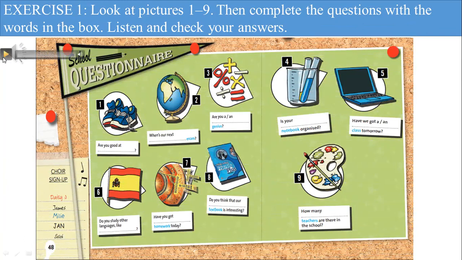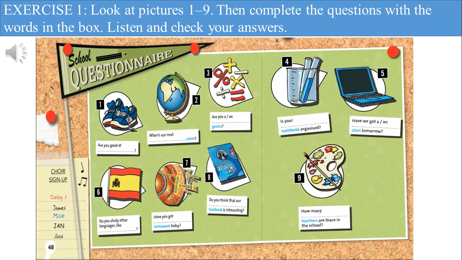So listen and check. Unit 4, Vocabulary, Exercise 1. 1. Are you good at PE? 2. When's our next geography exam? 3. Are you a maths genius? 4. Is your science notebook organised? 5.